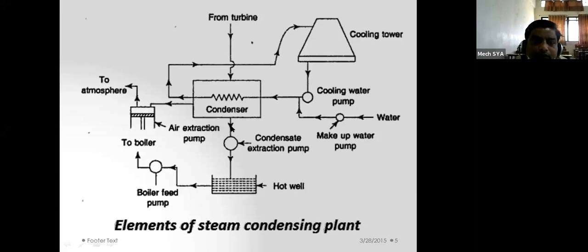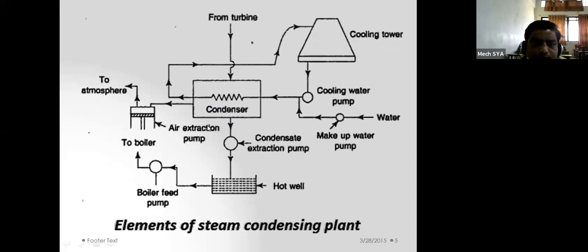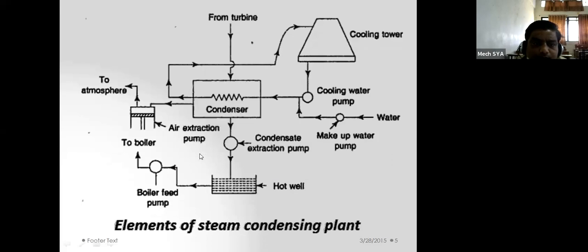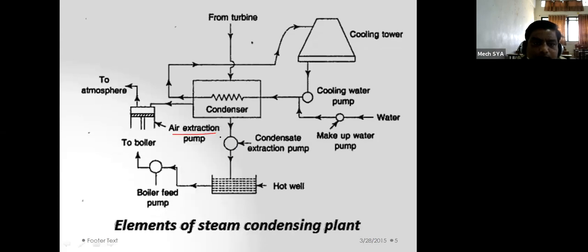Then we want a vacuum inside the condenser, therefore whatever air is entering the condenser, maybe from the steam or from the water, we have to remove continuously with the help of the air extraction pump. So we are removing the air continuously. These are the elements of the condensing plant.